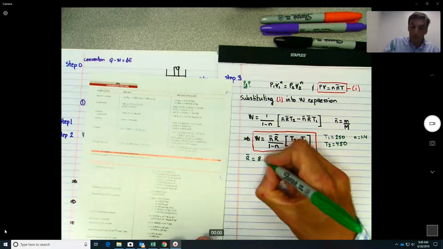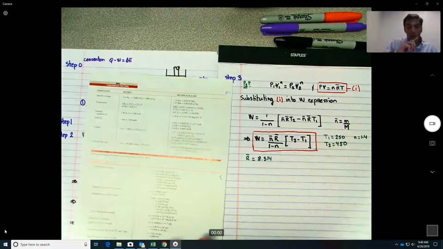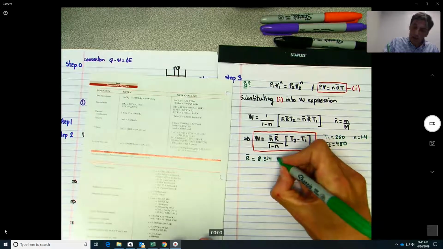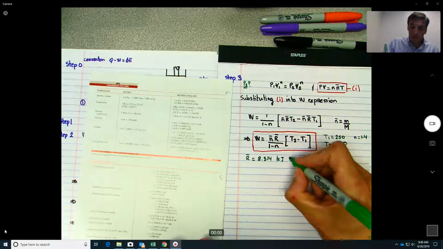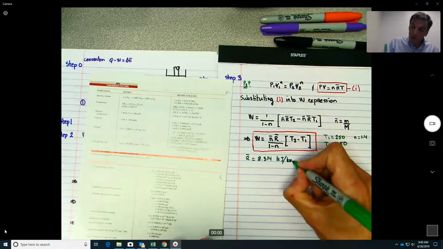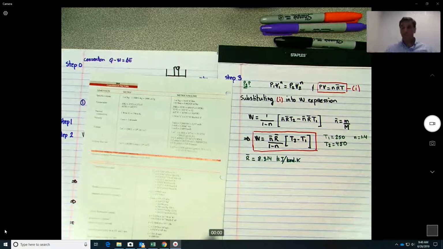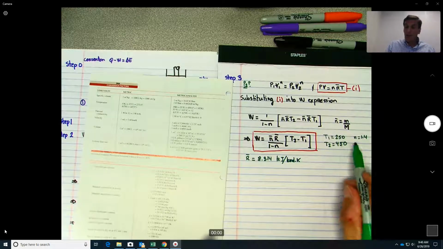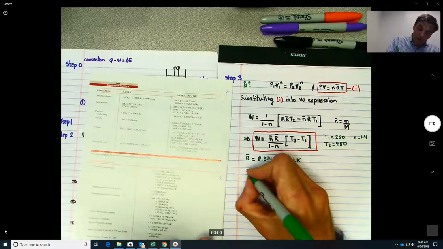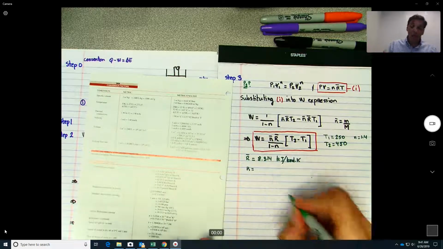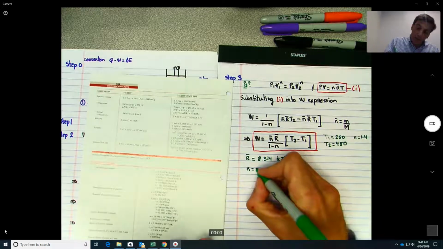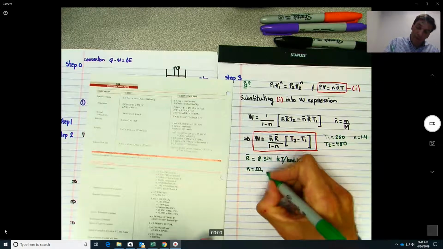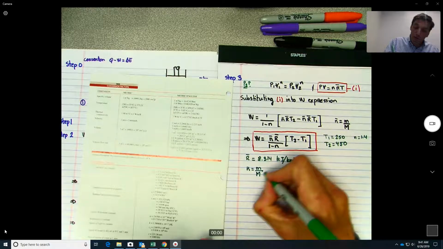So I'm going to simplify it, 8.314 kilojoules per kilomole Kelvin. Okay, and then the N bar over here, we say, well, will be the number of moles, which is equal to the mass divided by the molar mass.